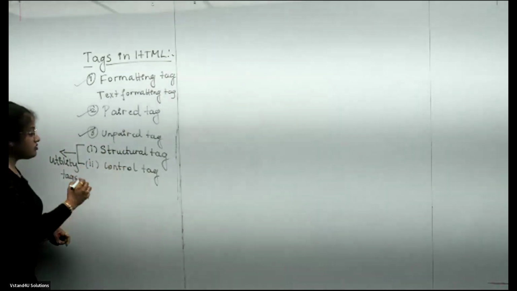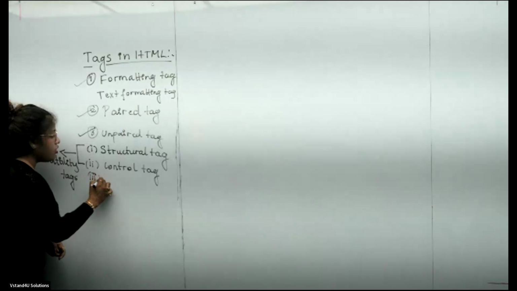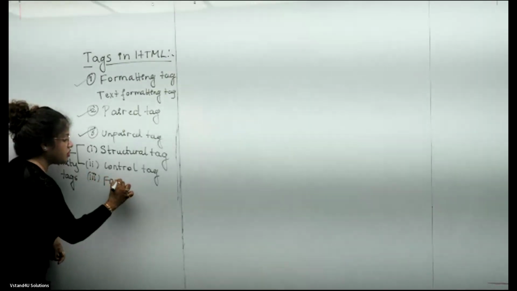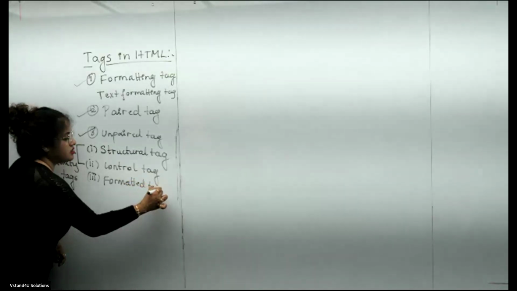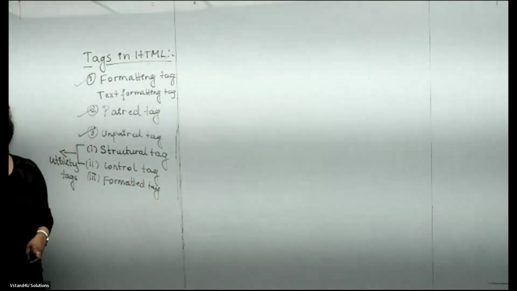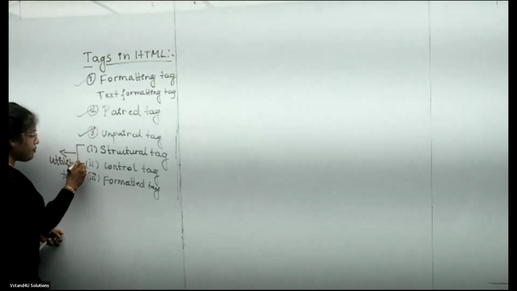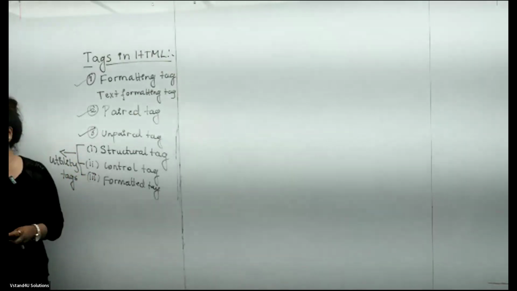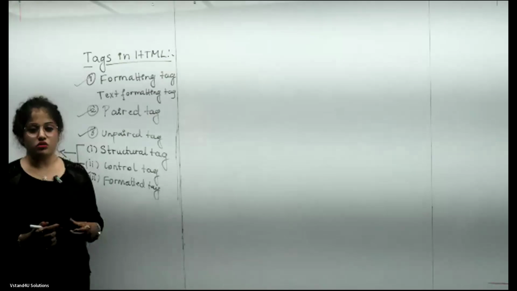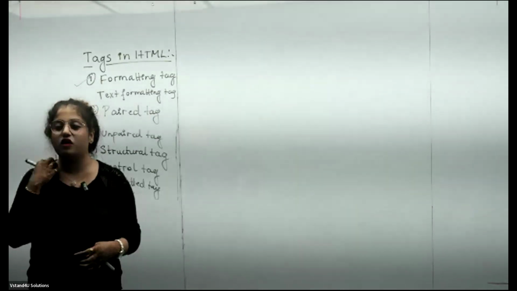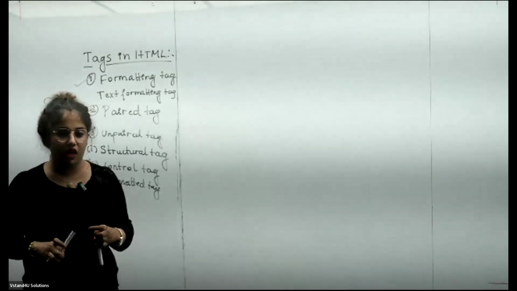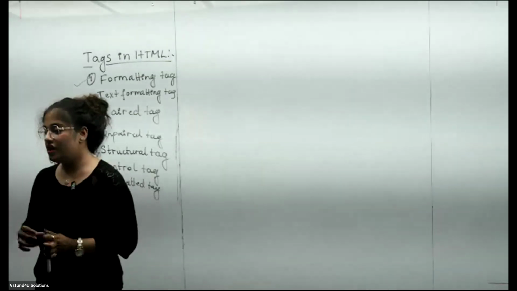Third one, it is nothing but your formatted text. Clear? So these three combined is called utility tags. Utility tags means you are utilizing one tag and you are performing some action on it. Clear? Done? Next one, take down.